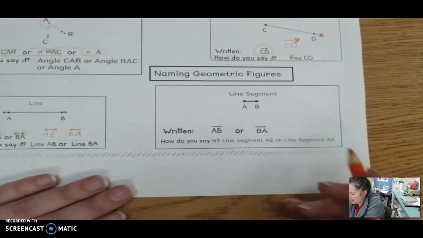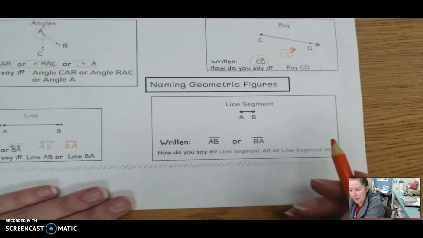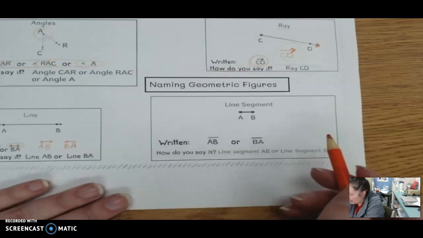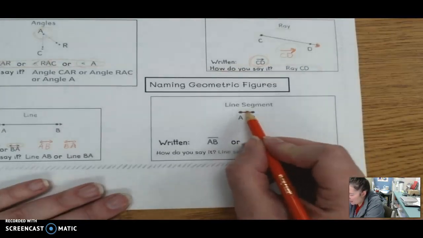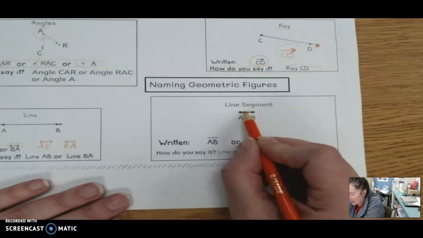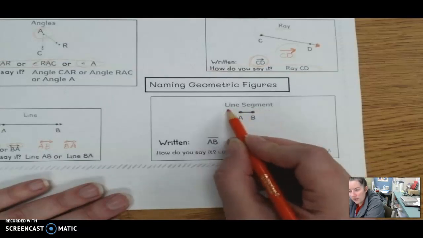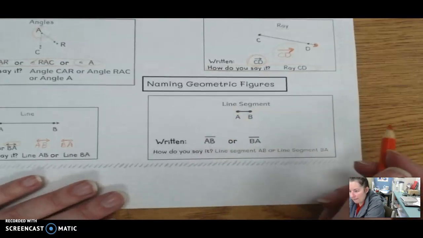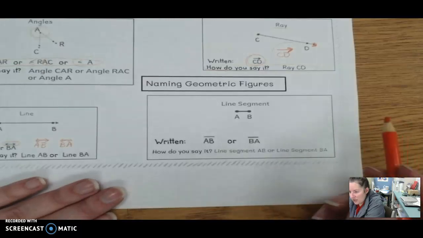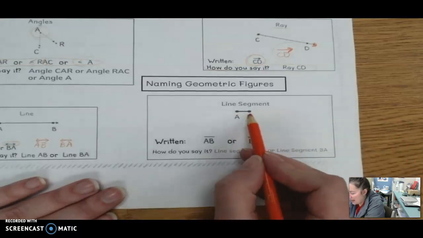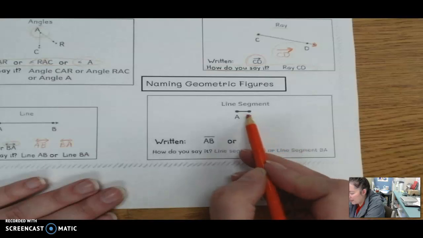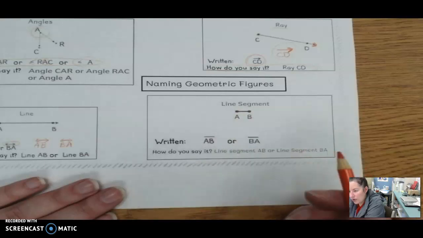And then the last thing is a line segment. Here is how you would write or say a line segment. Notice a line segment has dots at both ends. There are no arrows. It cannot keep going. So you would just say, hey, this is line segment AB or line segment BA. You can do them in either order.